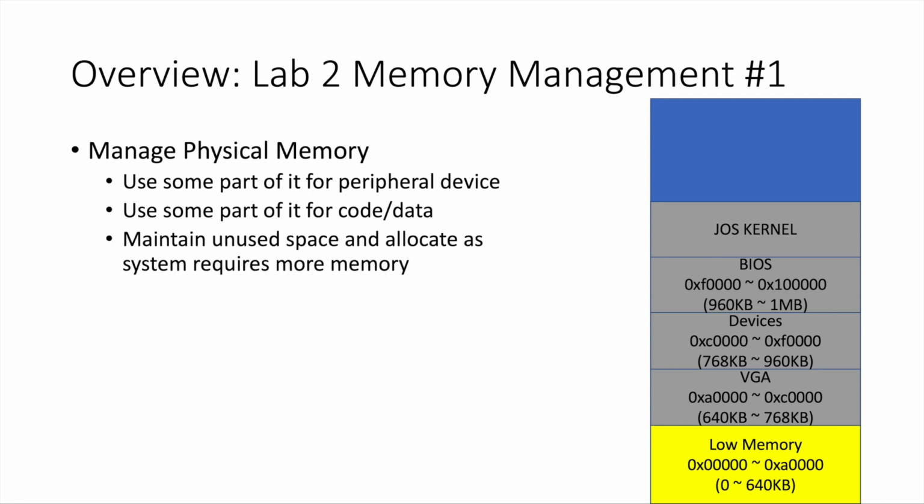Furthermore, running the kernel and hardware are not the ultimate goal of the operating system. The goal is to run many more application programs in the operating system. To do that, we need to maintain the occupancy status of the physical memory, for example, which address spaces are reserved by devices, by the kernel, and by other programs or applications.